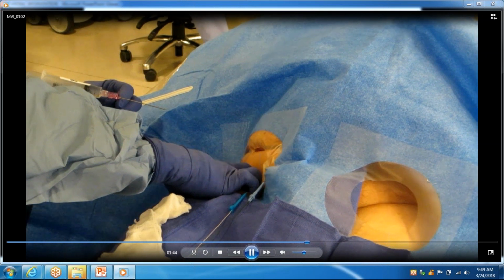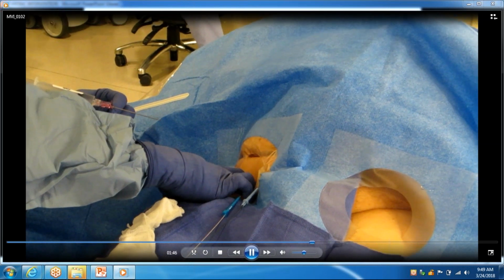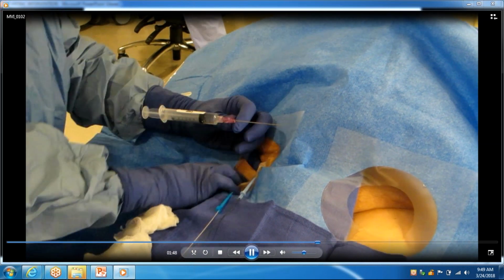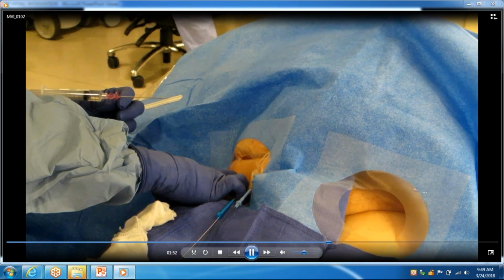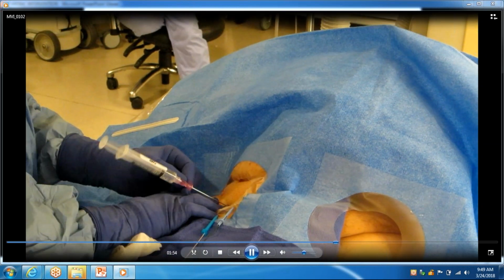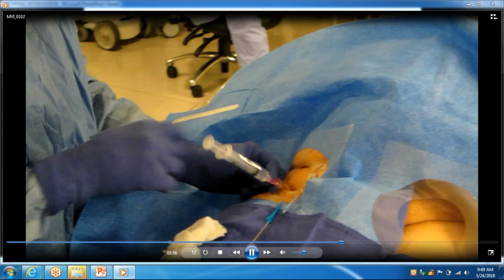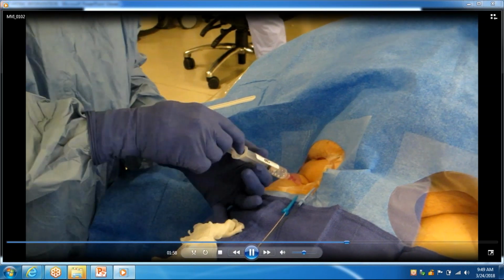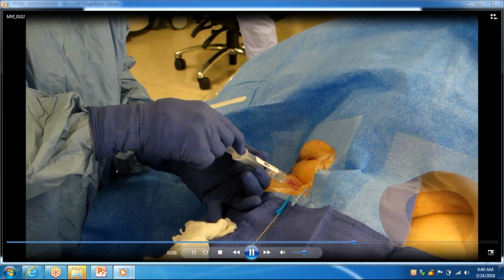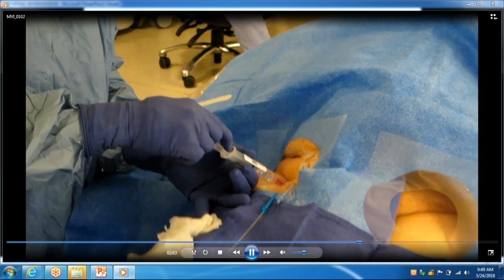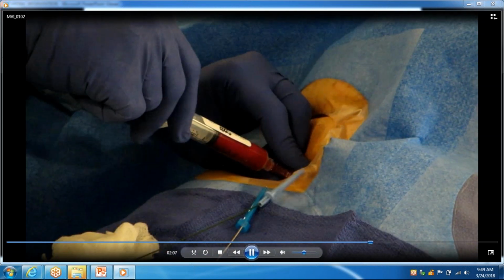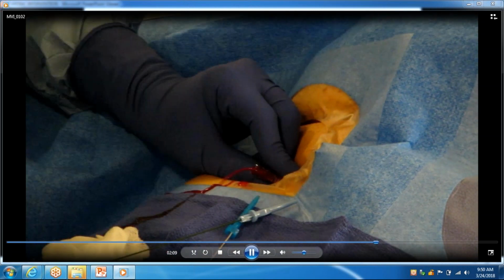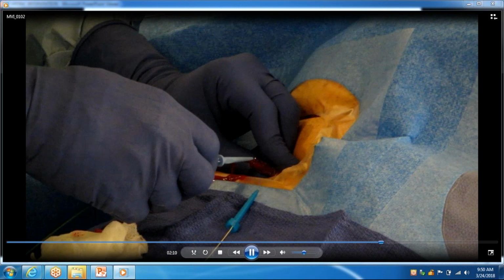But it's a little larger patient, so I'm palpating for the artery. You feel for the artery, then at an angle you go in and pull back as you go in. Once you hit the vessel, you see blood come. Bright red blood comes back. I take off the syringe and the blood is coming backwards, so it's an artery.